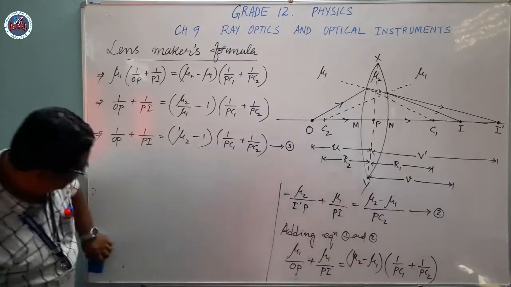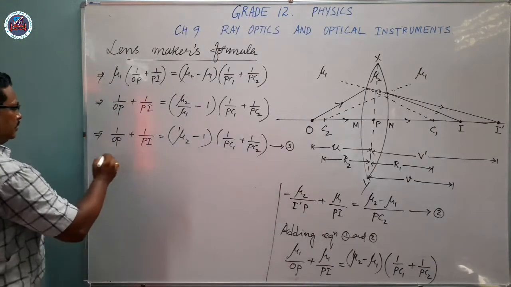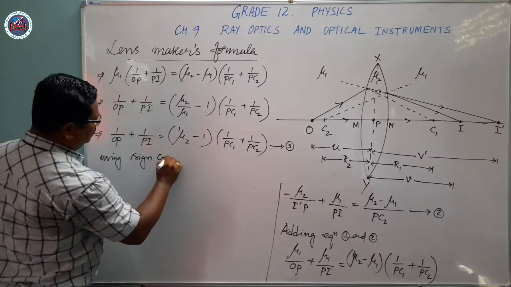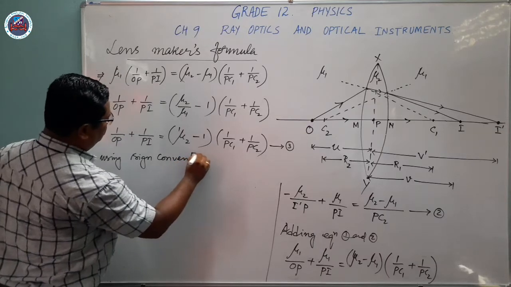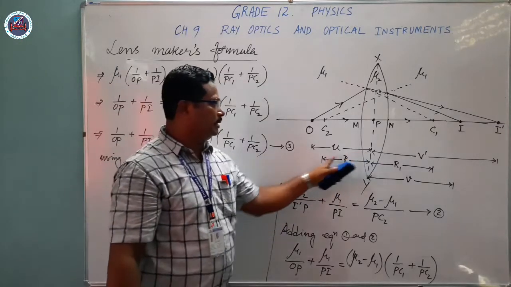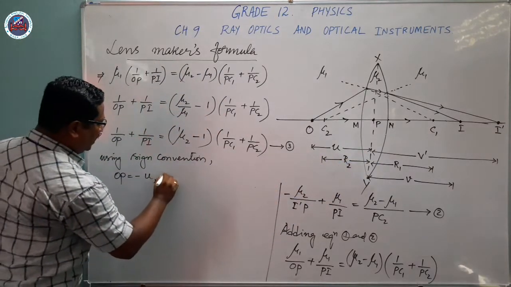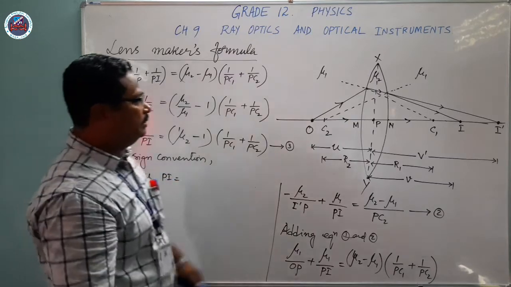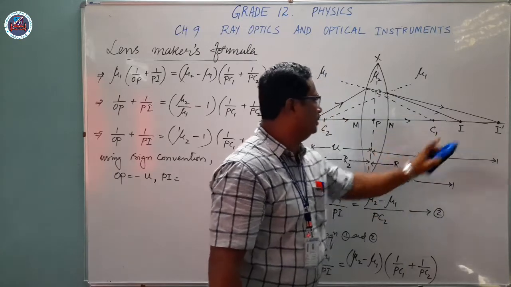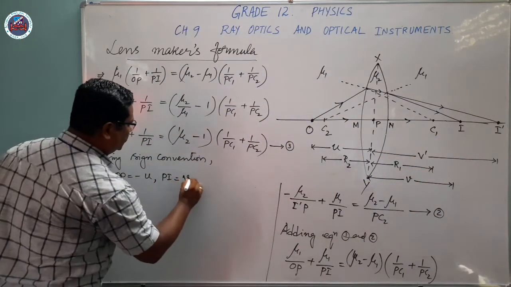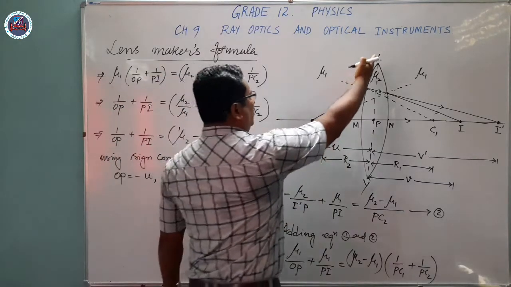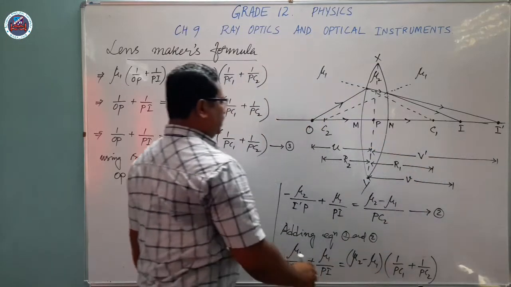We'll use sign convention. Using sign convention, here OP is equal to object distance, it is towards our left hand side, so we'll take it as minus U. PI is the final image, that is V from here to here, P to I. Final image is on the right hand side, so it will be positive. PC1 is the radius of curvature for the first curve, it is on the right hand side, so we'll take it as plus.